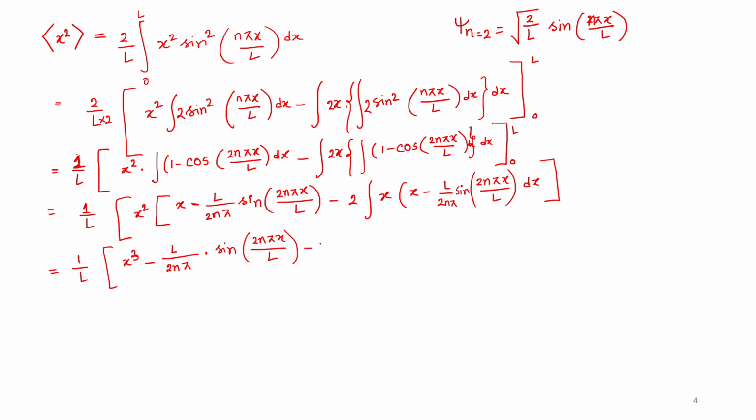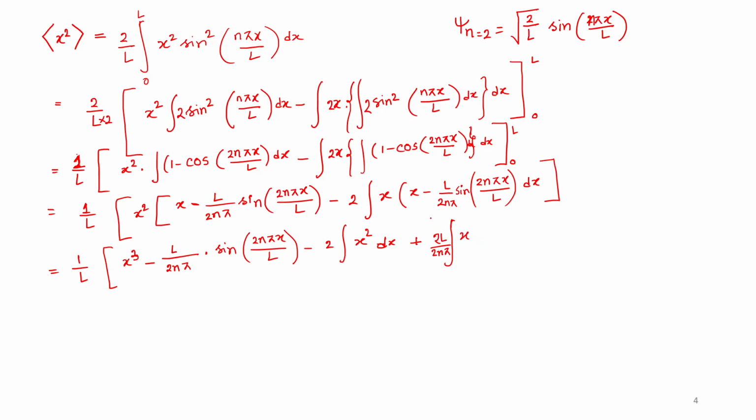minus, now interestingly it will become x square and x square dx plus, what we are going to do next, 2x, 2 L by 2n pi.